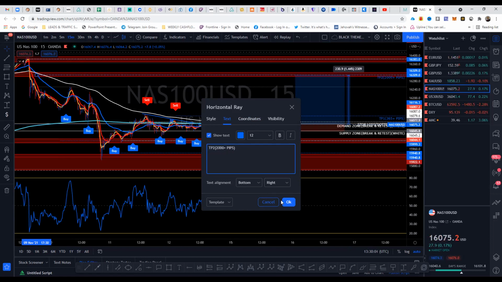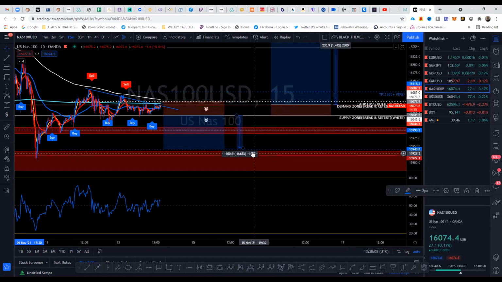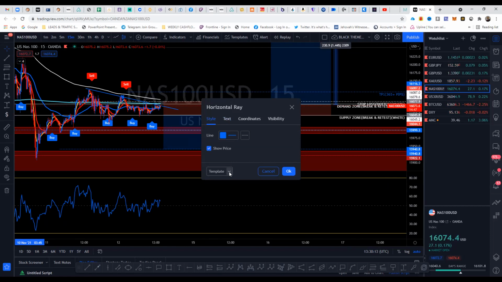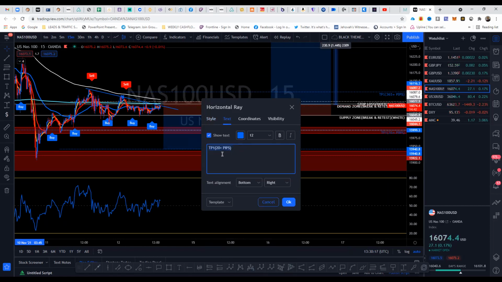But we'll see. So now I'm going to turn my attention to the take profit zones here. It's a horizontal array, so this is going to be TP1. I'm just saying 200 plus maybe.